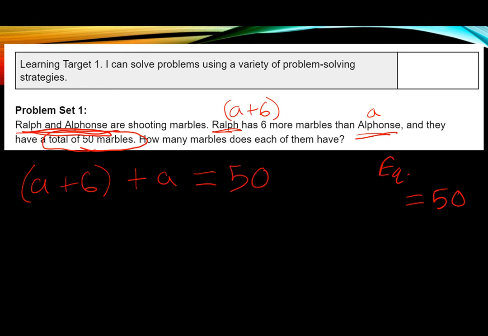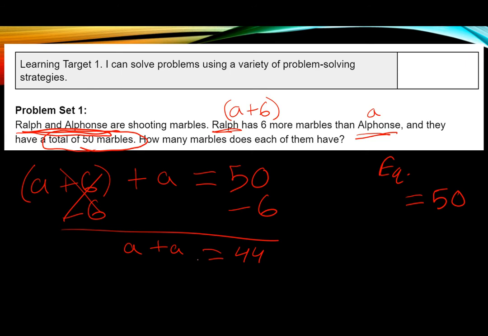So now we want to get a by itself, and so the first thing I want to do is get rid of that plus 6 by subtracting. So I'm going to subtract 6 from the other side of my equation too, right? It's like a scale. So then I have 44 on this side, and then I still have a plus a on the other side of the equation. So let's say I have a plus a, and it's an apple plus an apple. Well, then I would have 2 apples. So I have 2a equals 44.